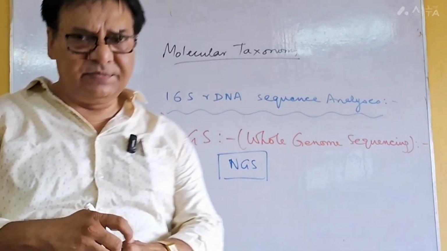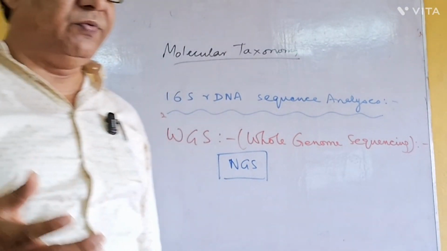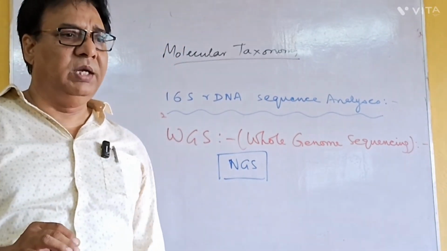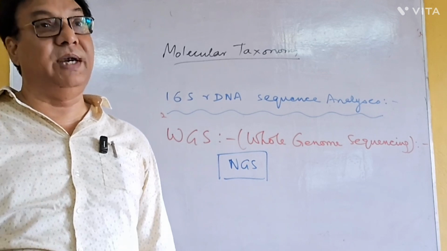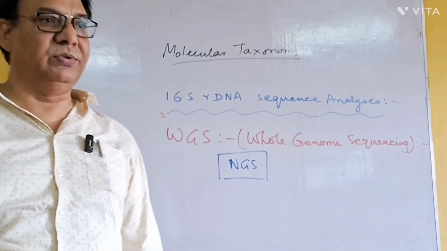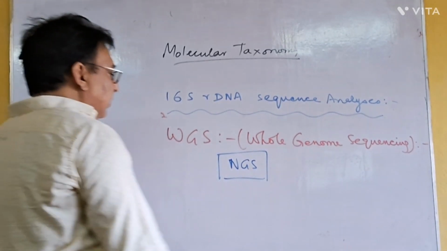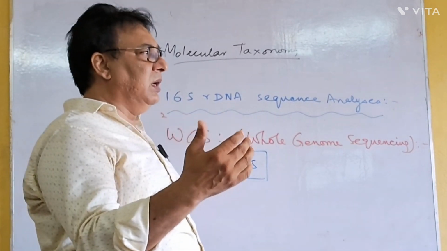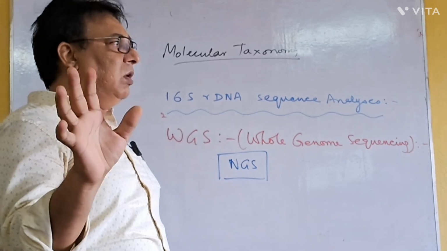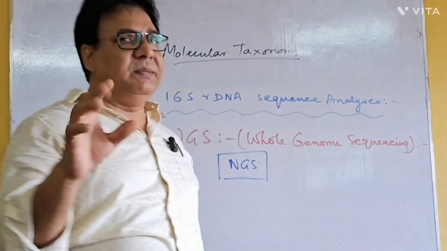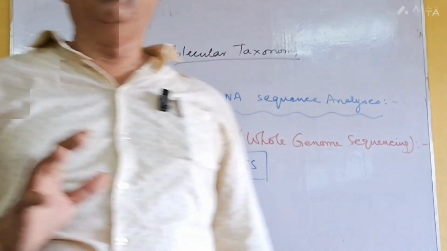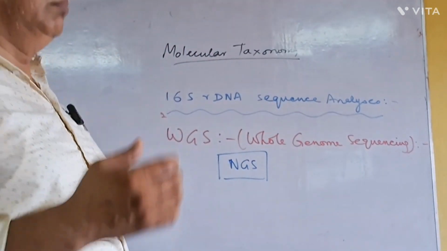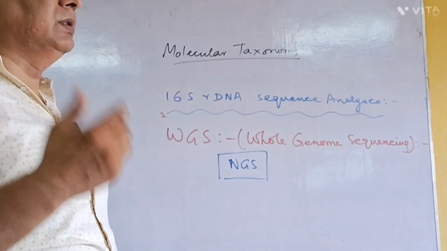There are many techniques of next generation sequencing. Here we will not talk about that. It will need maybe 2-3 different classes, and this is not the place where I should talk. You just know that NGS is next generation sequencing, in which Sanger's method is not used. Pyrosequencing was the method used at the beginning, but there are other methods too. There is a system called the PacBio system.